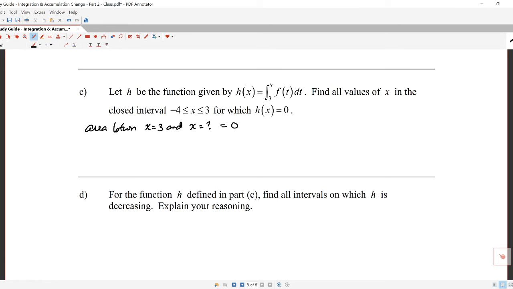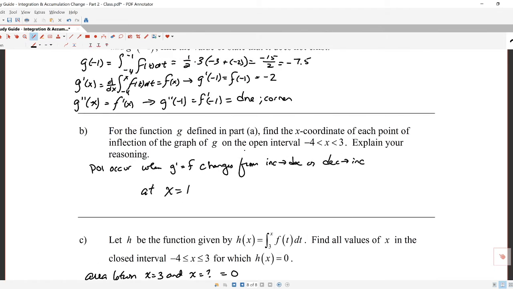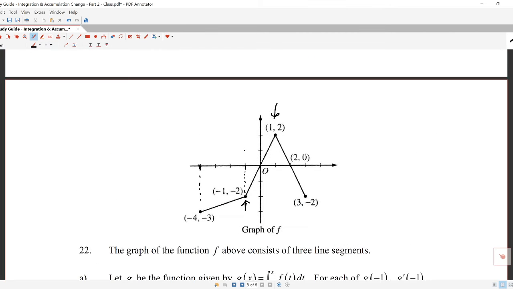Well, the first thing would be 3, because the integral from 3 to 3 is going to be 0. So that's probably the simplest answer to get. But where else is it going to be 0? So let's take a look back at the graph.